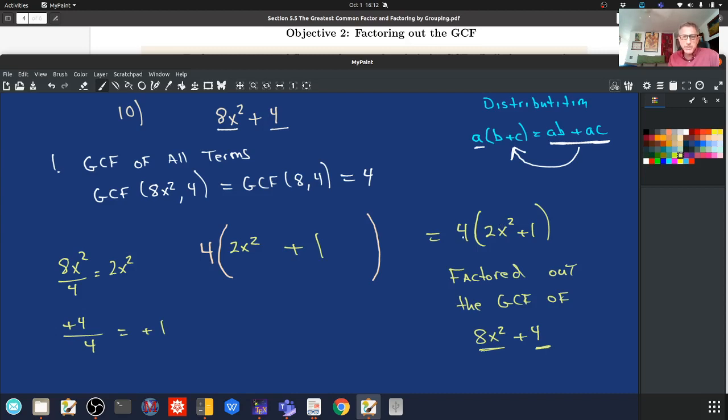By non-trivial, I mean I'm not just enclosing the whole entire thing and putting a 1 in front of it, because that's always true, right? The GCF will actually be some number, and that number, when you factor it out, will change each of these terms. 8x squared divided by 4 becomes 2x squared. 4 divided by 4 becomes 1.